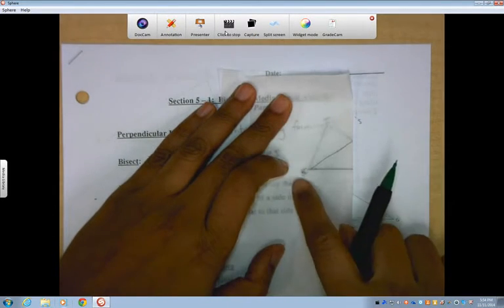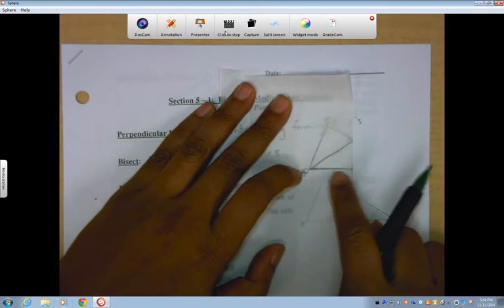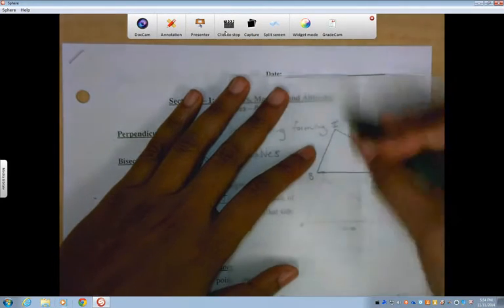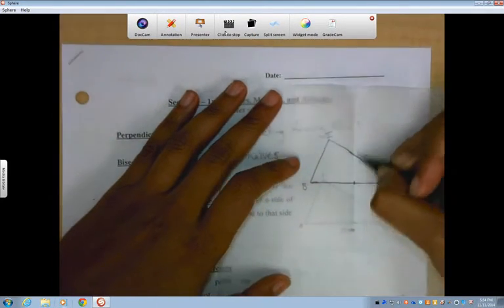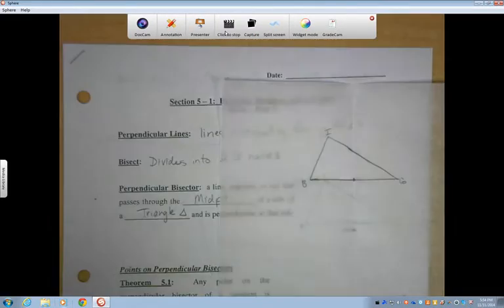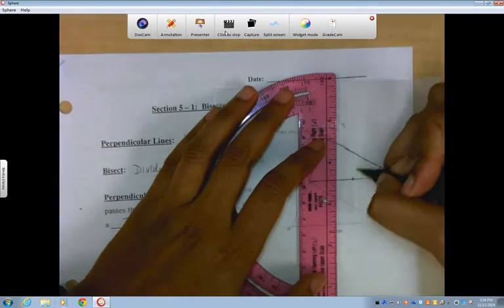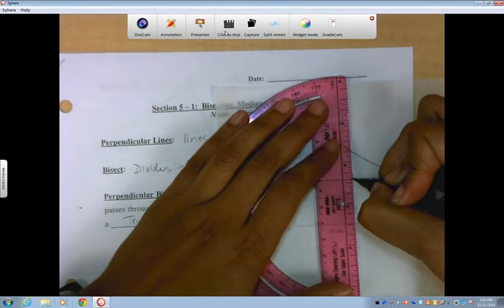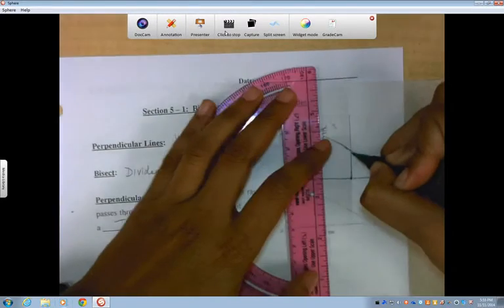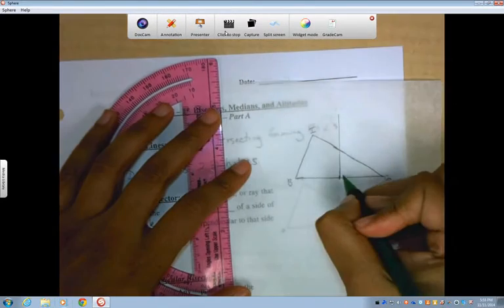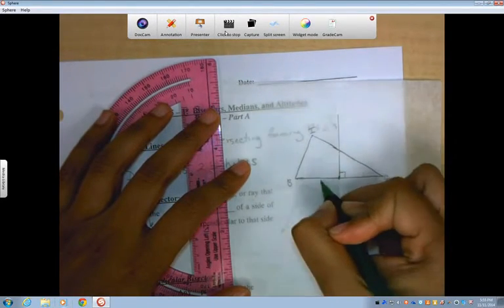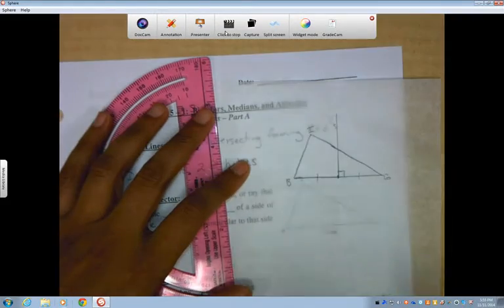They're basically on top of each other. I create a little crease, and I see this line segment here. I'm going to use my protractor just for a straight edge to trace that line and show that it's a perpendicular bisector. I'm going to put the box, and I'm going to have to add the tick marks to prove that M is the midpoint.